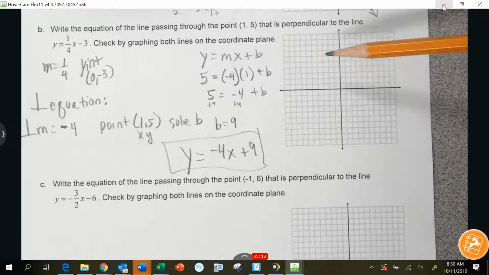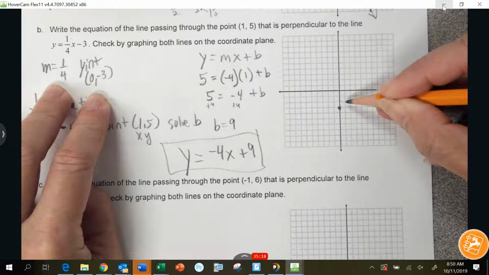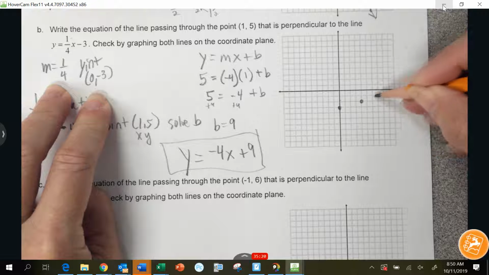Let's check it by graphing. So my original one, I start at -3, up 1, up 1 over 4.